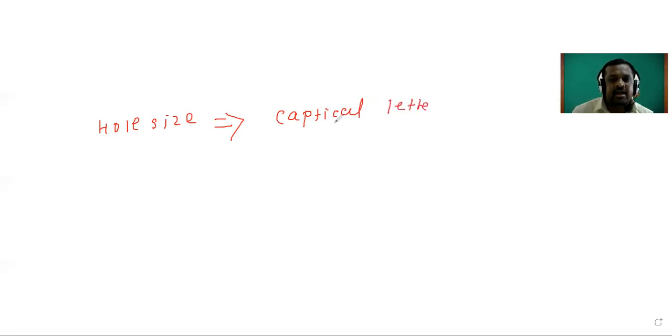You have to remember the hole sizes. The hole size is indicated by the capital letter. That point you have to remember. The hole size is indicated by the capital letter, and the shaft size is indicated by the smaller letter.